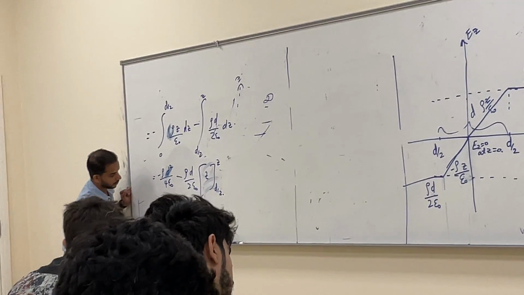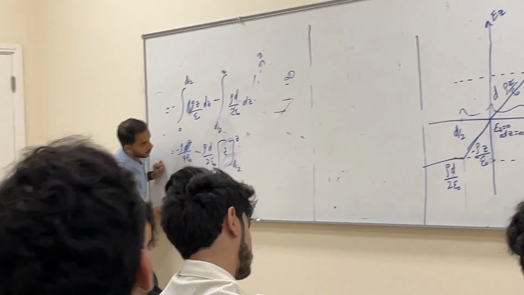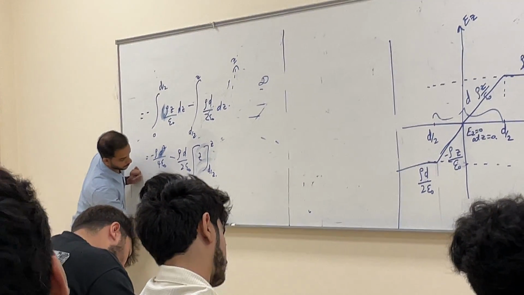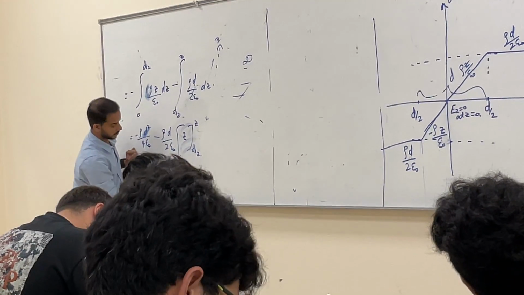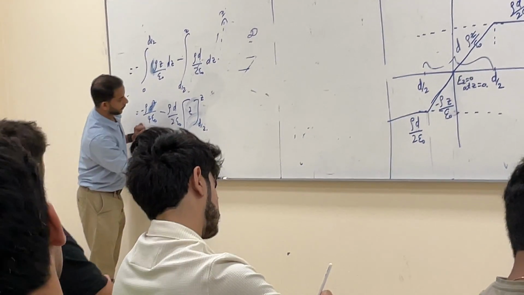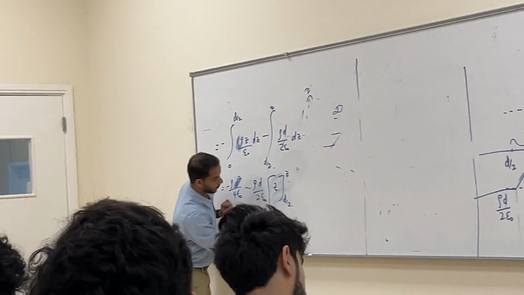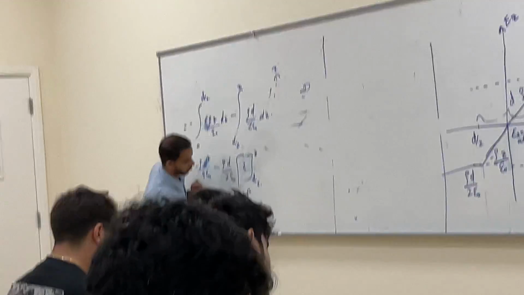So this will be minus rho D square over 4 epsilon 0 minus rho D over 2 epsilon 0 into Z, minus minus will be plus rho D square over 4 epsilon 0.